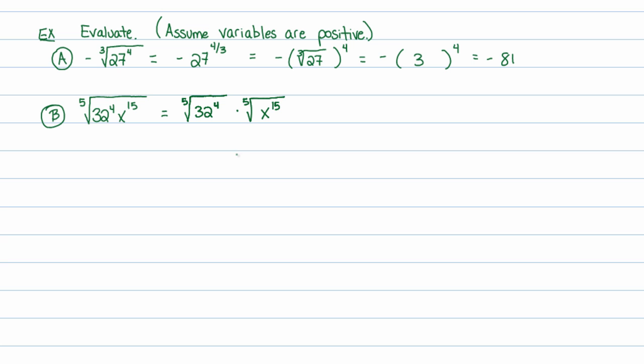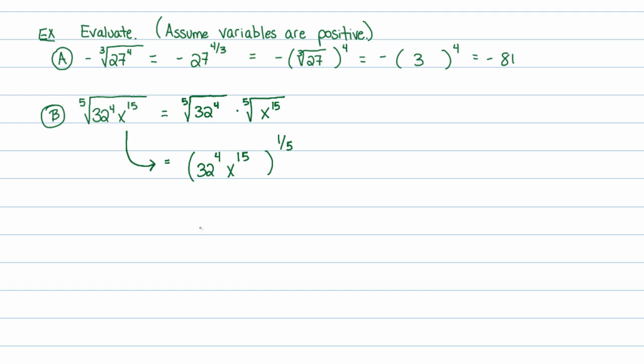And actually, now that I'm thinking about it, using this theorem might not be so natural to some people. It might be more natural, in fact, to have rewritten this as the 1/5 power of 32 to the 4th power times x to the 15th power.